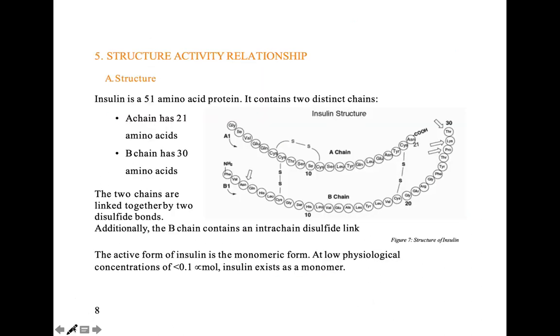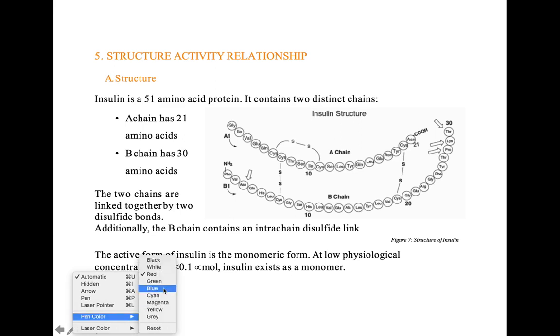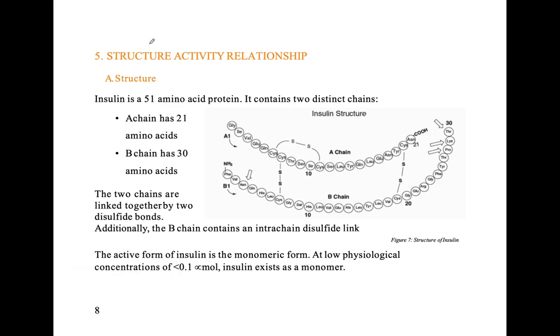Now let's focus on the actual structure of insulin here. Insulin is a peptide made up of 51 amino acids, and it has 2 different chains, the A chain and the B chain. The A chain and the B chain are connected together by disulfide bonds. The A chain has 21 amino acids, and the B chain has 30 amino acids.